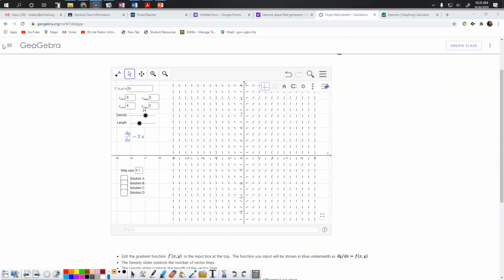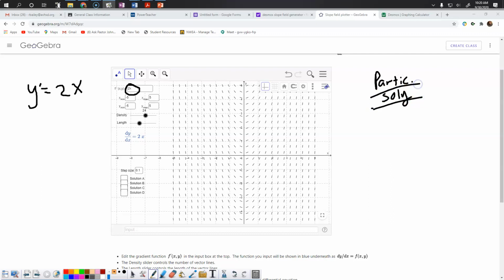What I've done here on this GeoGebra site is I've entered this differential equation, y prime equals 2x. And here's the slope field that goes with that. So I want to know, what would a particular solution look like?